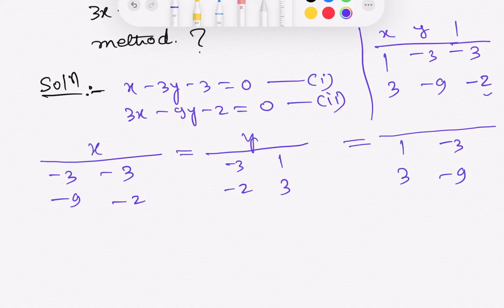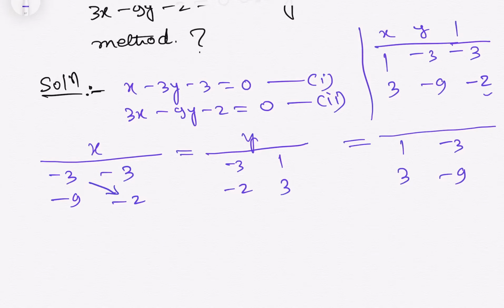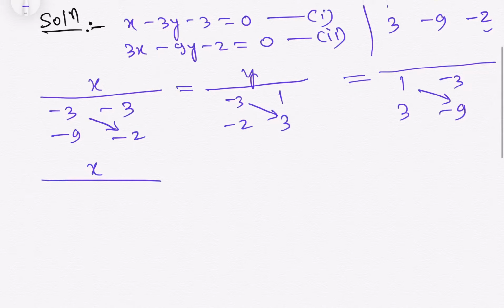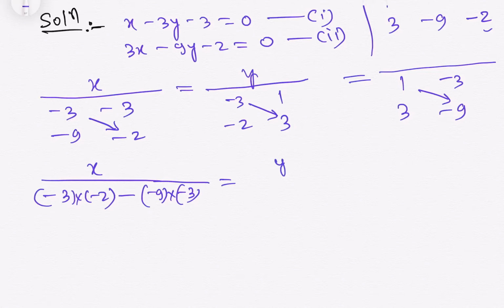After that we apply the downward arrow operation on all the portions: x, y, and the constant part. For x divided by, this means 3 into minus 2 minus 9 into minus 3. Now for y, this is the upward arrow.